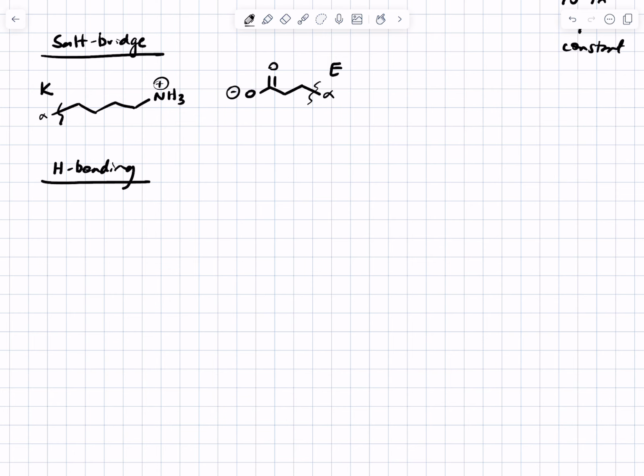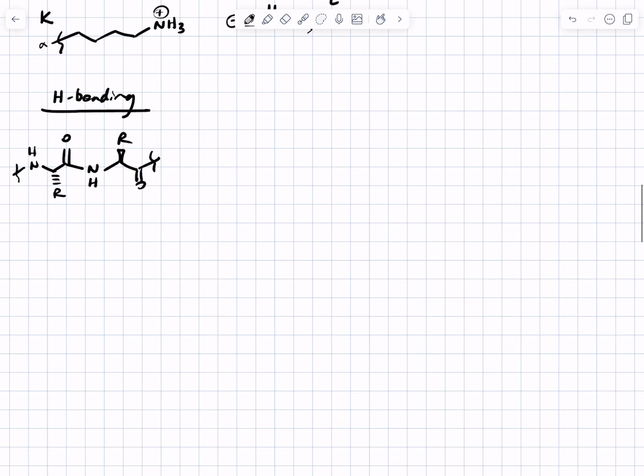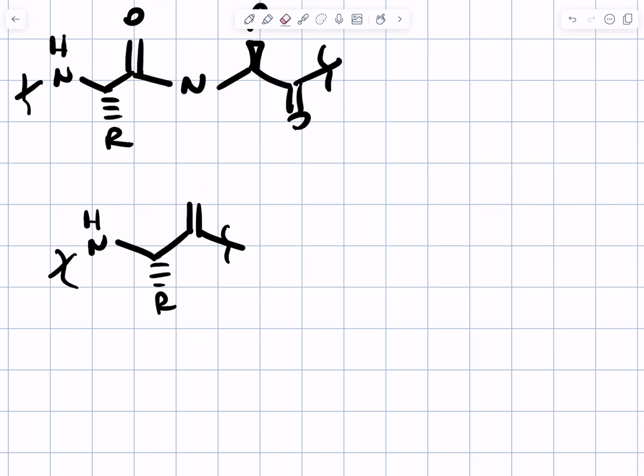Here's an example. This type of thing occurs in an alpha helix. So here is one amino acid and another amino acid. And then the NH bond on one amino acid can be hydrogen bound to an oxygen on another amino acid. So the dotted line here represents a hydrogen bond.